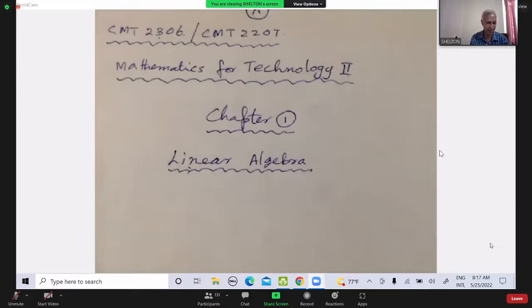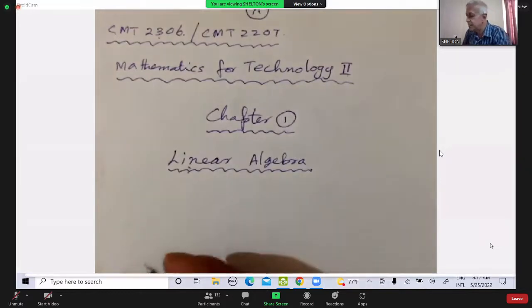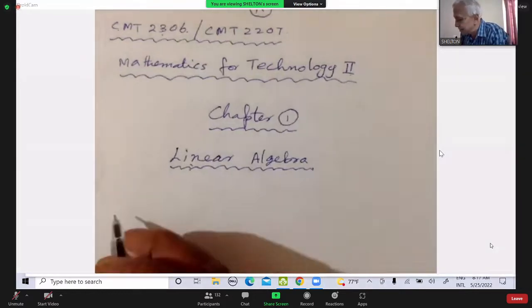Linear algebra is the study arising out of linear equations. If you have more than one linear equation, we say it is a system of linear equations. Let me first define what a linear equation is.